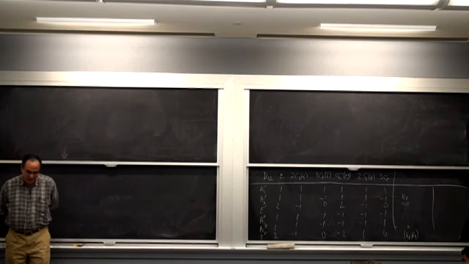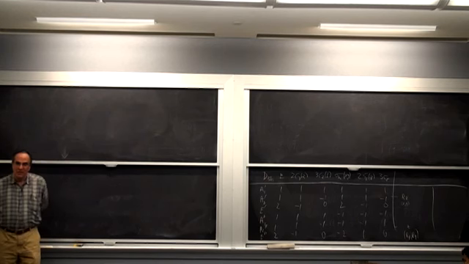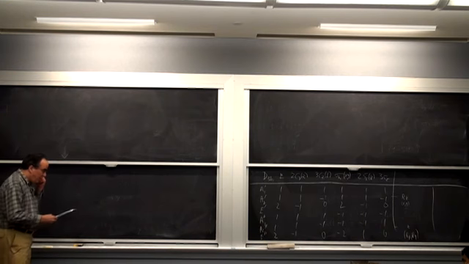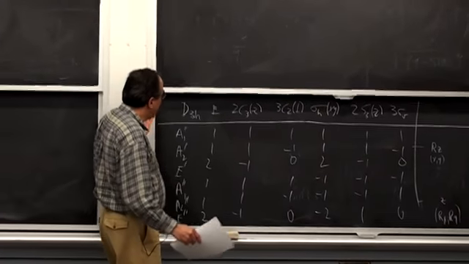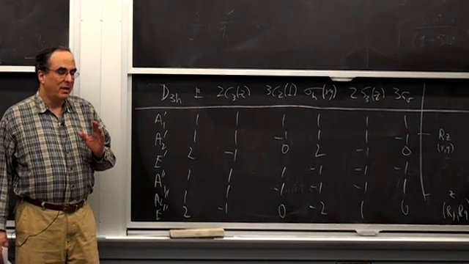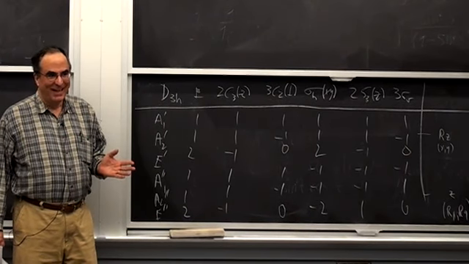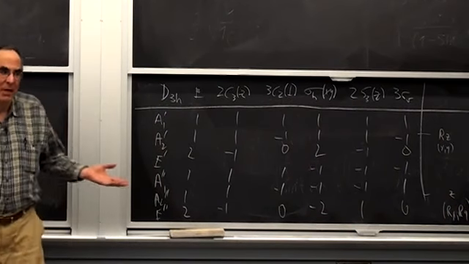So I hope that I will be able to give enough tools so that you can see how we get the qualitative information quickly. Okay, so here is a character table, and the reason I chose D3h is because it's not C2v. Everybody can do C2v, and there isn't much there.